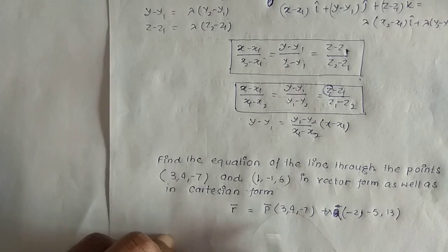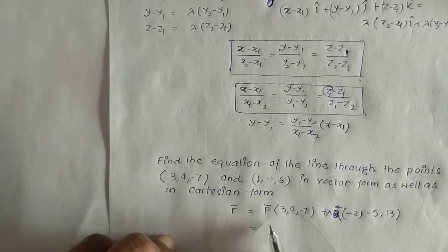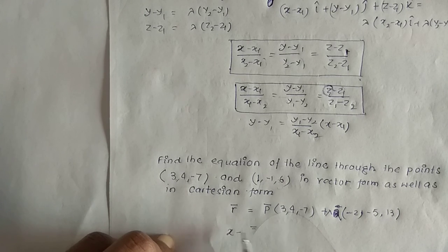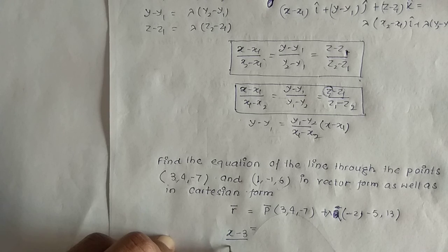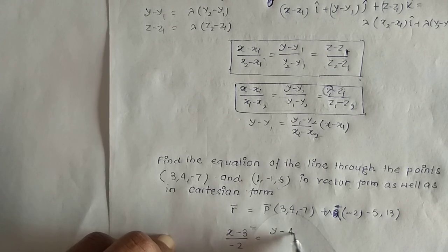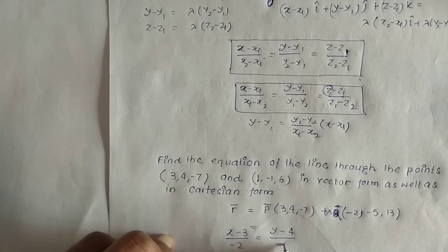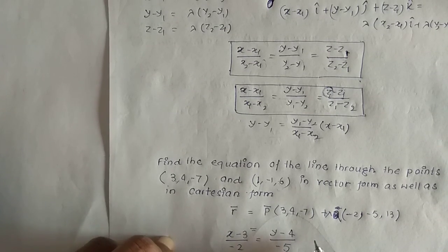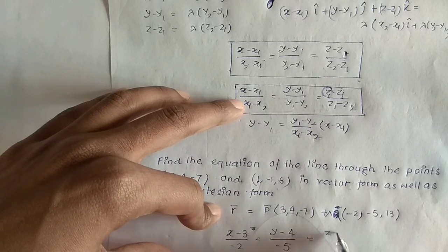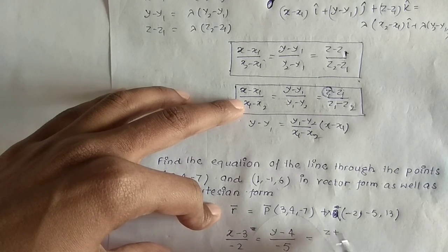Now, if you are changing this to Cartesian, you must write x minus 2, y minus, minus 5, equal to z minus 7, by 13.